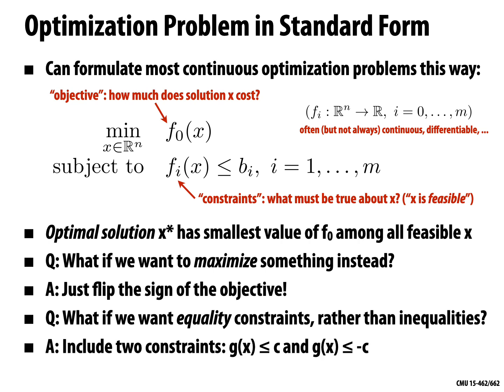We can just include two complementary constraints, because these are inequality constraints that if we want to get equality, we can just have two constraints that say, let's say g of x is less than or equal to c, and g of x is also less than or equal to minus c. If both of these constraints are satisfied, then we've satisfied something with equality, right?